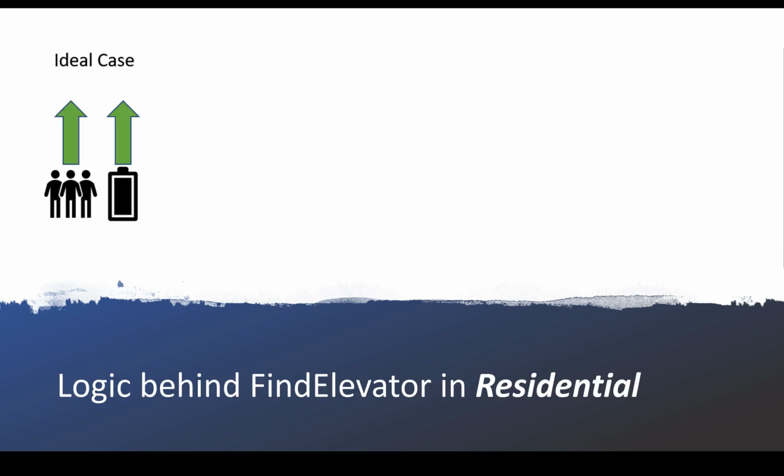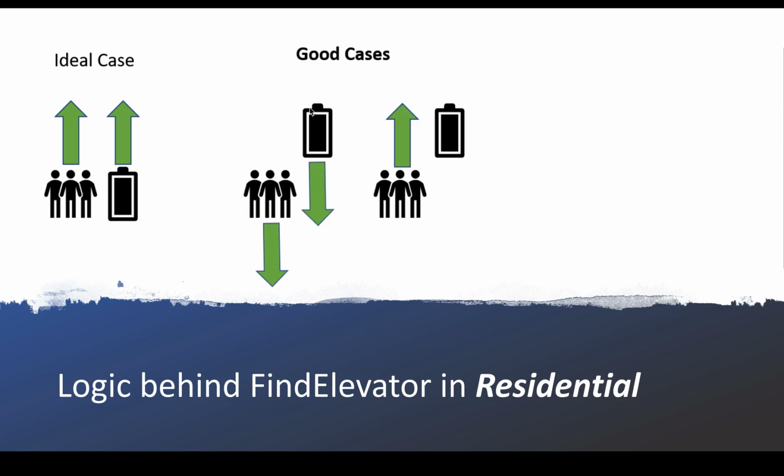The logic for the residential is that the ideal case is that the elevator and the user are at the same place and going the same direction, and the elevator is still open. So we can assign it directly to the stop list of the elevator. Other good cases are when the elevator and the user are going in the same direction and the elevator has not yet arrived at the user position, or the elevator is idle.